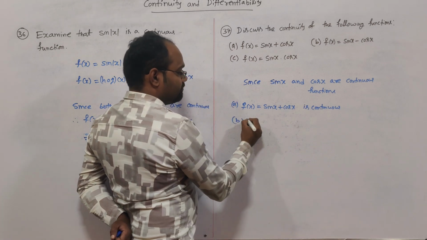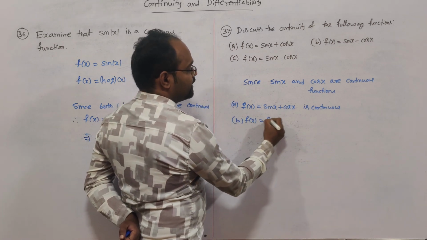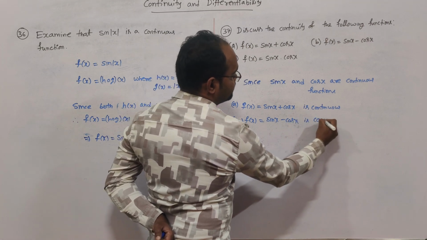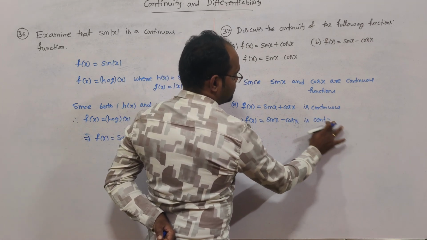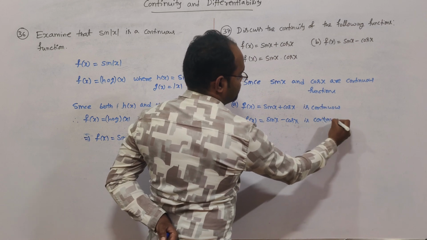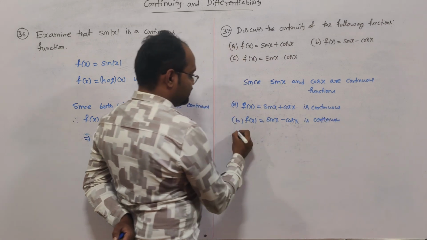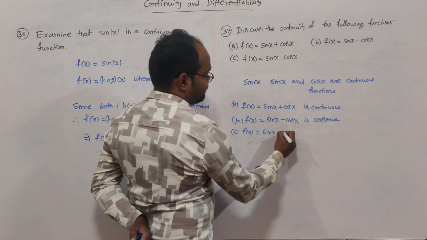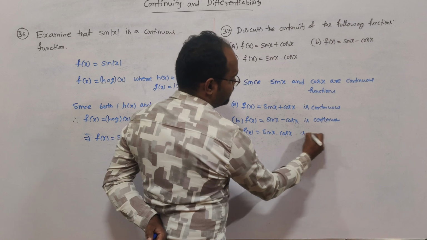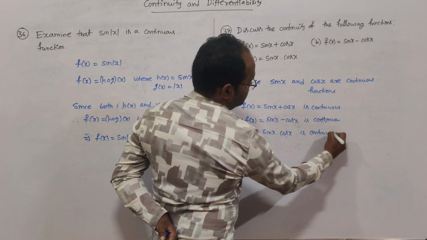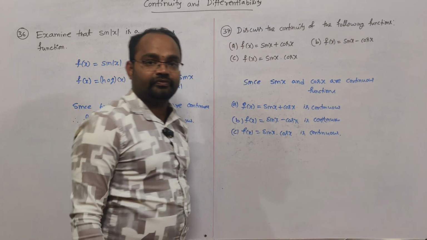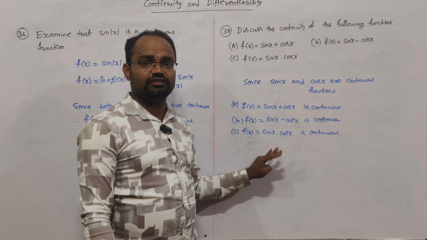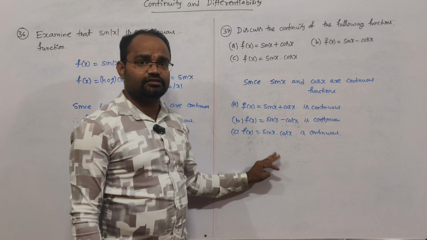Similarly, b, the difference sin x minus cos x, is continuous. Similarly, c, f of x is equal to sin x into cos x, the product, is continuous. Simple, right? Just give the reason why they are continuous, right?